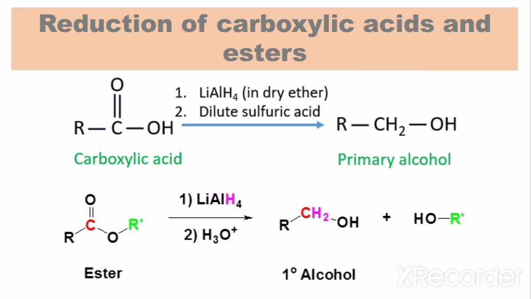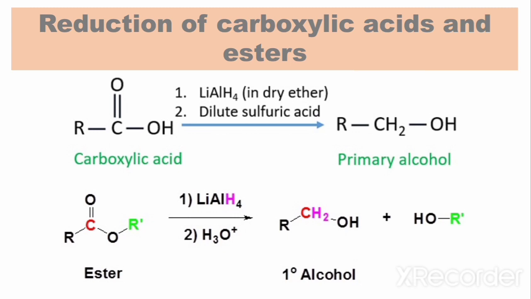To conduct the reduction of carboxylic acid, we use lithium aluminium hydride in dry ether as a reducing agent along with dilute sulfuric acid as an acid that provides the proton. And we have a final product, that is primary alcohol.